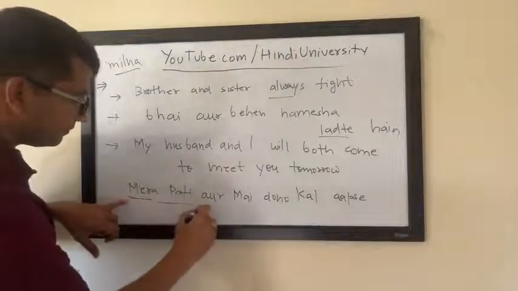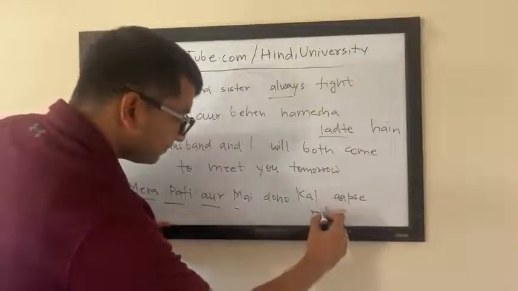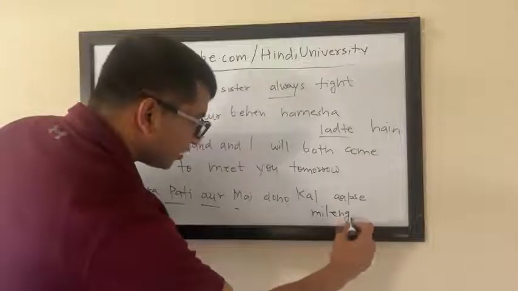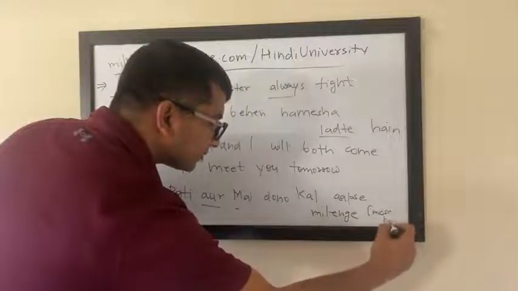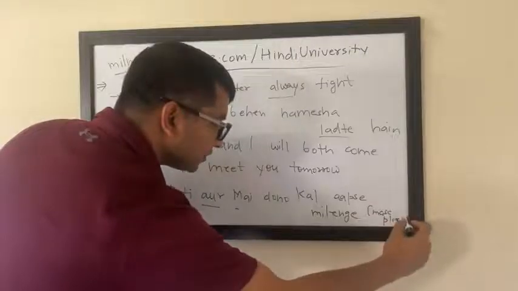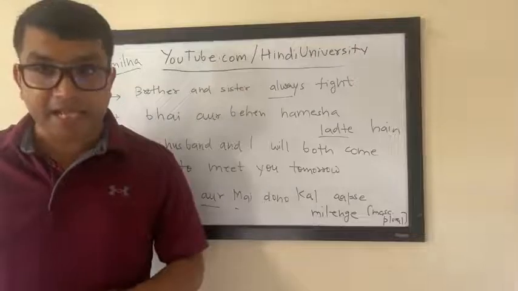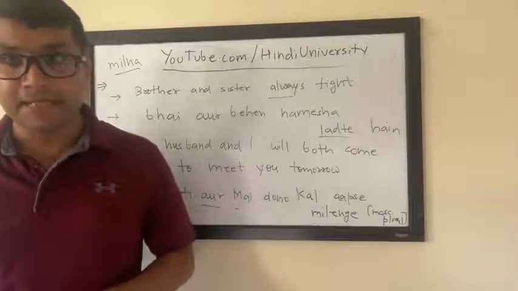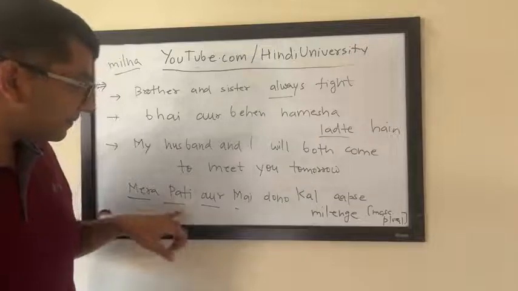So say it one more time, the whole thing. मेरे पति और मैं दोनों कल आपसे मिलेंगे. Very good, right? So you are using masculine plural in this case as well. The verb is conjugated for masculine plural, just like हम मिलेंगे, we will meet. If it's come meet, can we say मिलने आएंगे?